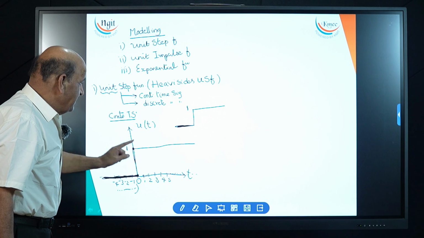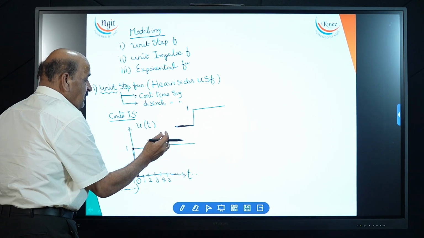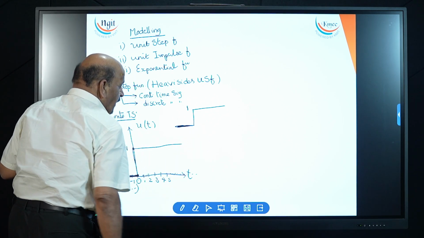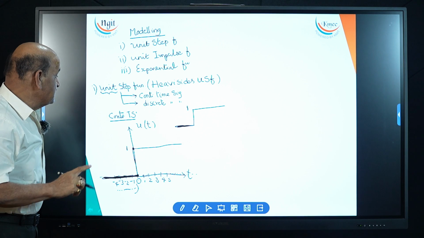Now, looking at this, how do we give a mathematical notation to this? How to give a mathematical modeling or notation to unit step function.